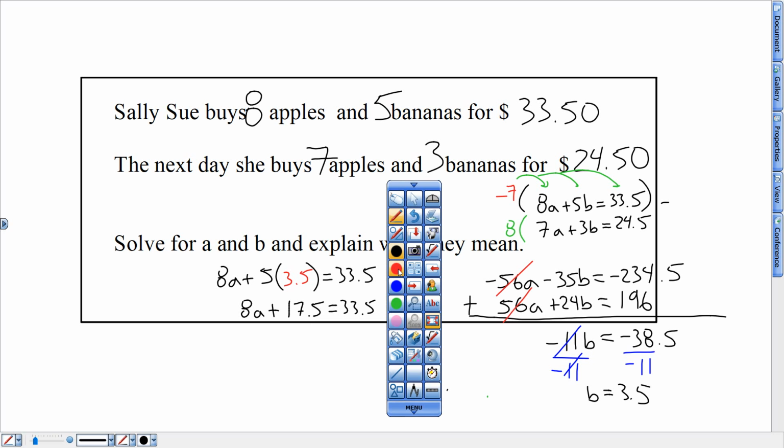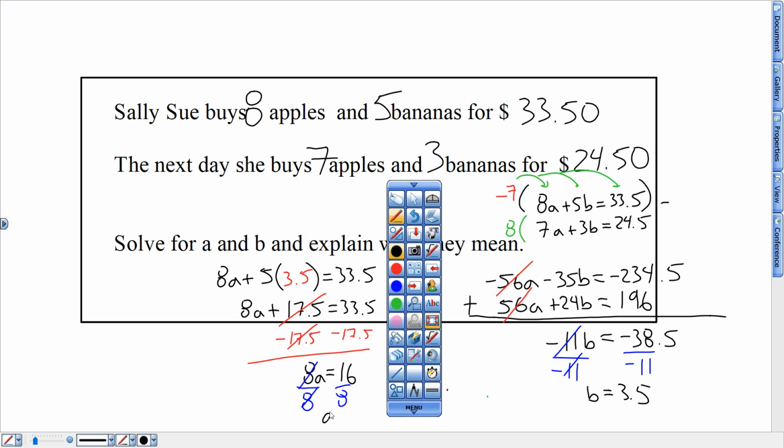Take away 17.5 on both sides. Gives me 8A equals 16. And if I divide by 8, there's my second nice, neat number, 2.